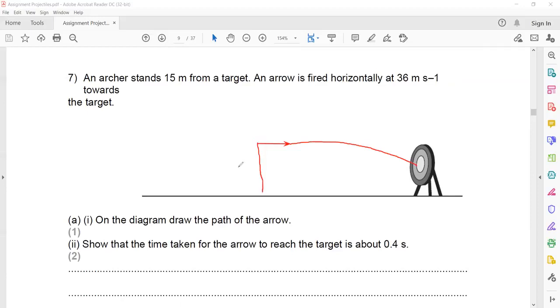So if this was 1.5, the vertical distance which it falls will be smaller.